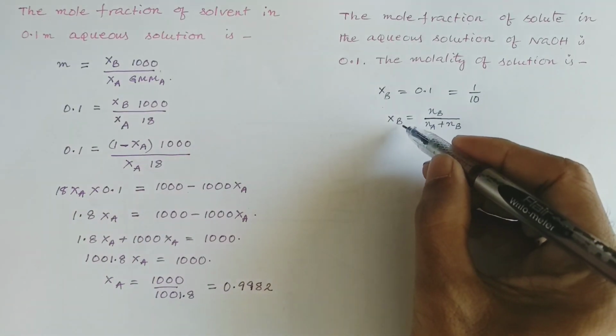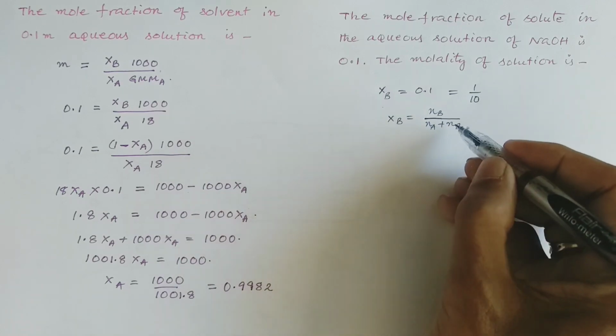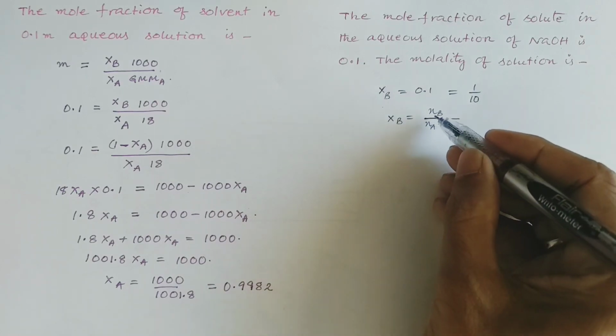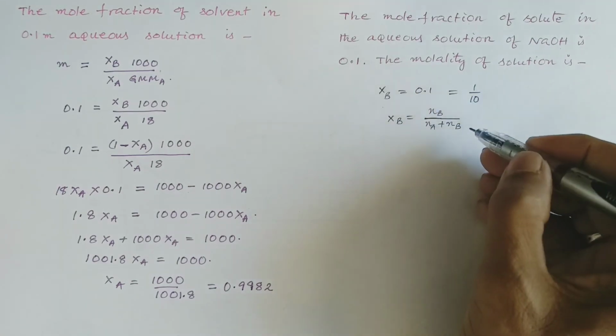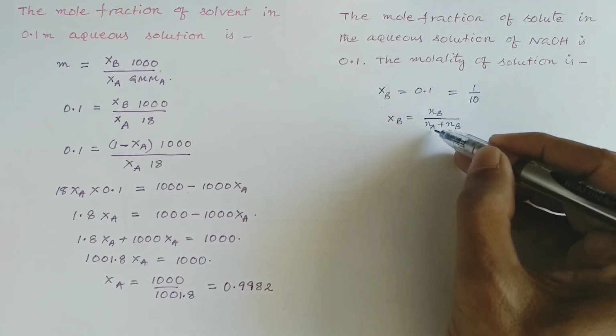Okay, xb equal to nb by na plus nb. So here number of moles of solute is 1. That means number of moles of solvent must be equal to 9, right?